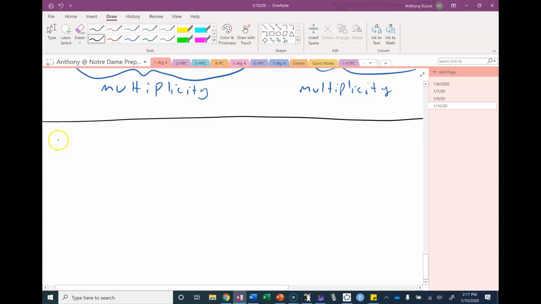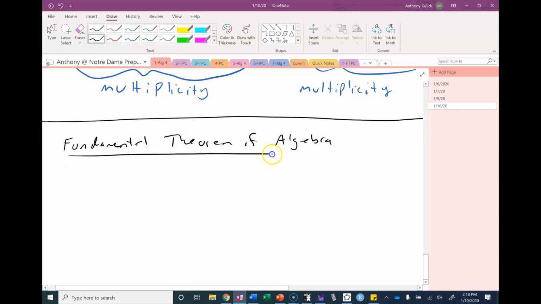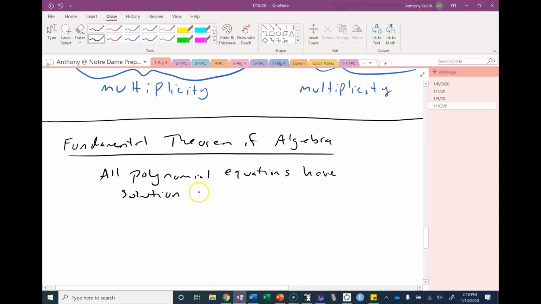All right. So this first theorem is the fundamental theorem of algebra. And this just says that all polynomial equations have solutions in the complex numbers.